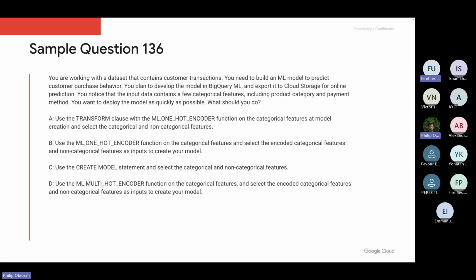You notice that the input data contains a few categorical features, including product category and payment method. You want to deploy this model as quickly as possible. What should you do? I need answers on the chat.